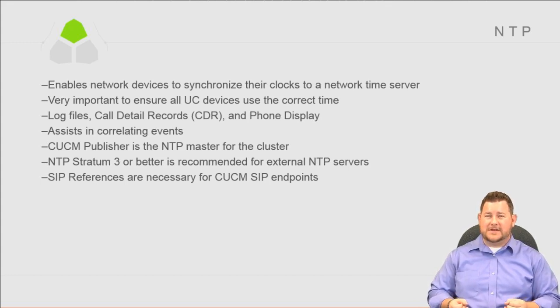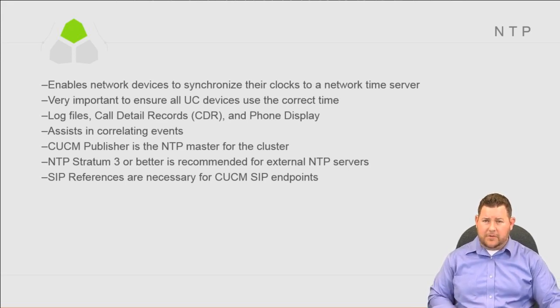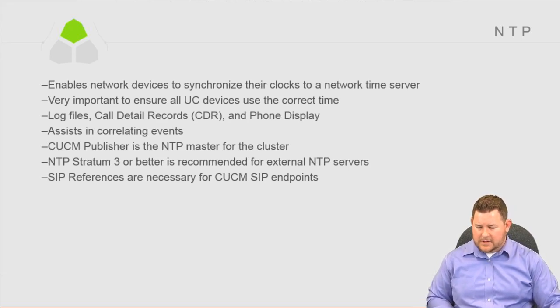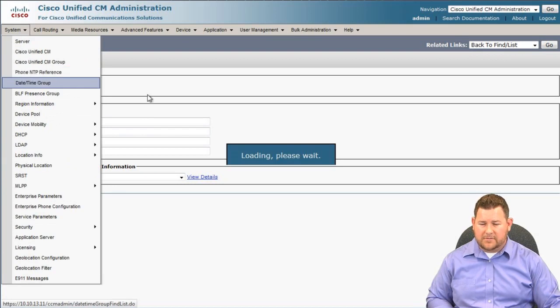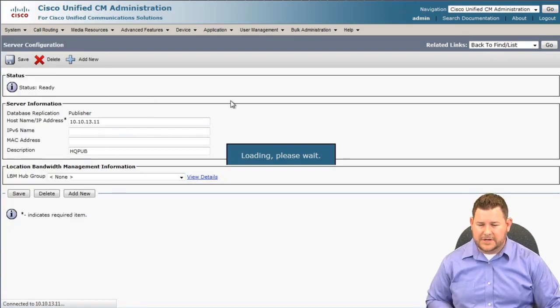It needs this phone NTP reference that will tell it what server to synchronize with, so it's not able to synchronize with Communications Manager for that. Let me pull up the CUCM server and show you the phone NTP reference, which I believe I have configured here at the HQ site.